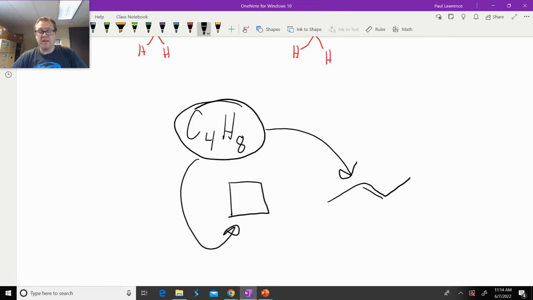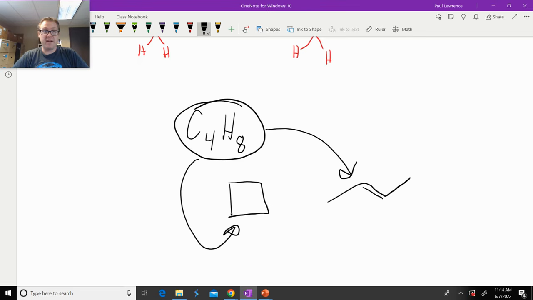Now, degree of unsaturation by itself can't tell us the structure of a molecule. But with mass spec, degrees of unsaturation, an IR spectrum, and an NMR spectrum, all of these techniques combined will help us figure out the structure of a molecule.